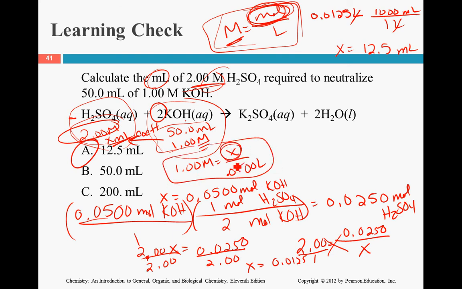We solved for moles on the top by cross multiplying, and that gave us our moles. Once we got it in moles of KOH, we were able to use that with the coefficients, which are right here, to get it into moles of H2SO4. And then we're going to turn around and plug that back into the molarity equation again, and that's going to be our top number. That's what we did here. And it's 2.00 molar. So it's 2.00 is equal to 0.0250 over x. Solve for x, multiply it by 1,000, and that gave us our answer.